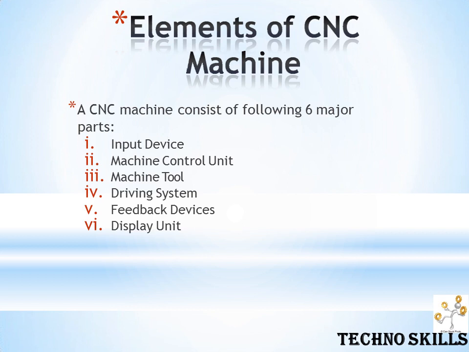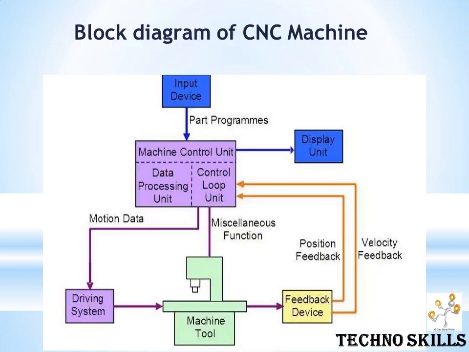Data is nothing but your program. The next one is your machine tool system or axis system. Then driving systems are there. Then we have feedback devices and the display unit. So let us see a brief block diagram of a CNC machine, how it works.